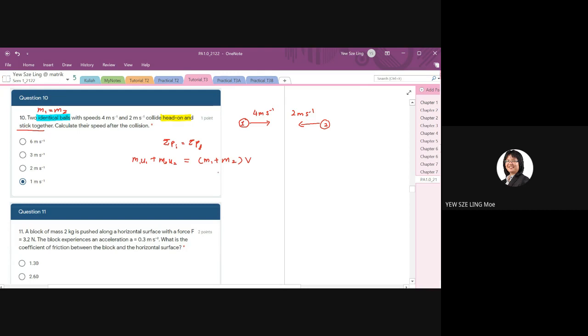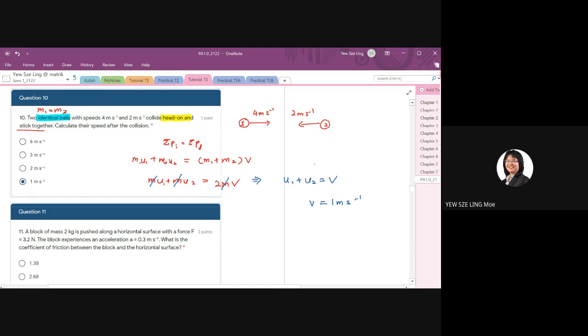Therefore, this equation can be rewritten in the form of MU1 plus MU2 equals 2MV. Okay, so we don't have the mass of the ball, but what we can do right now is cancel out the M in the equation. You have M on the right hand side, you have M on the left hand side. So eventually you have the equation U1 plus U2 equals 2V. Okay, so V is equal to 1 meter per second.